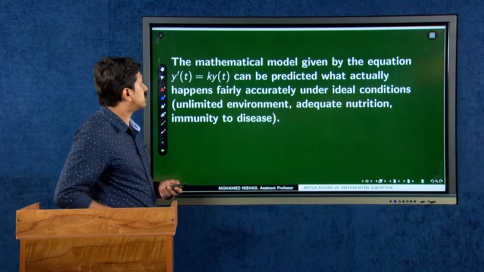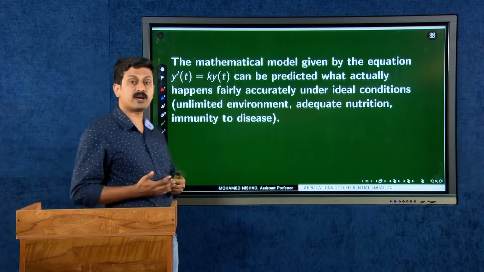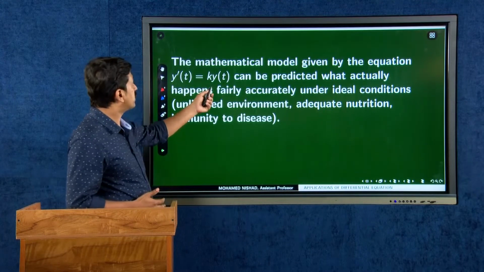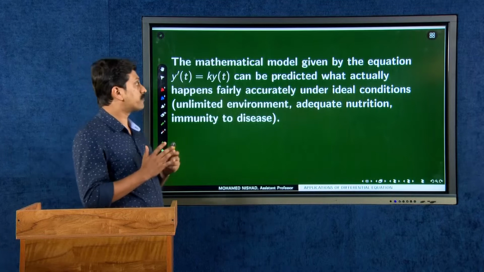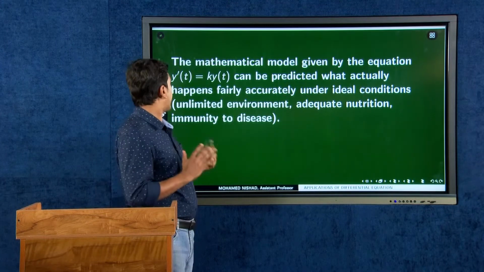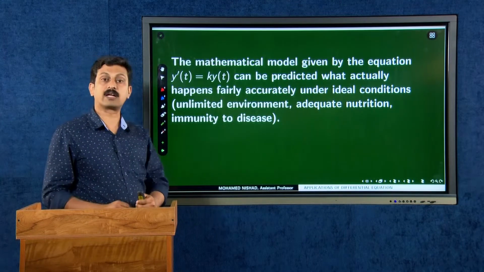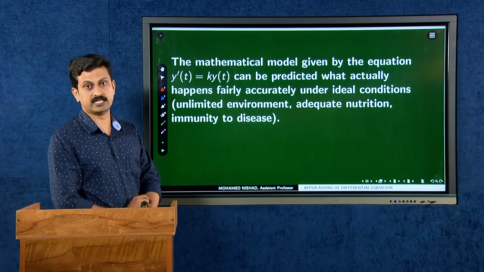My dear students, the mathematical model given by the equation y dash of t equals k y of t can predict what actually happens fairly accurately under ideal conditions.